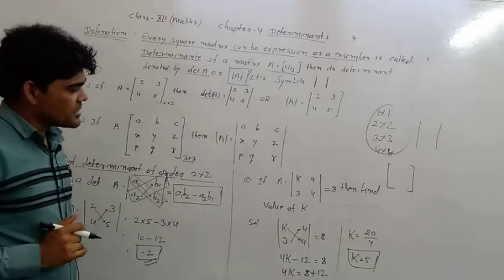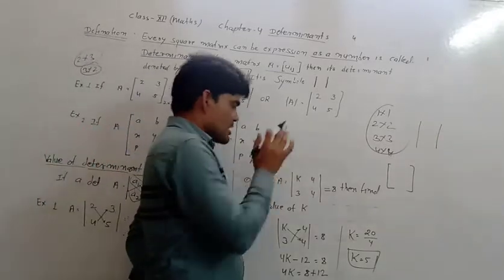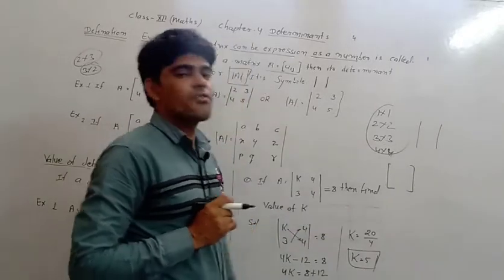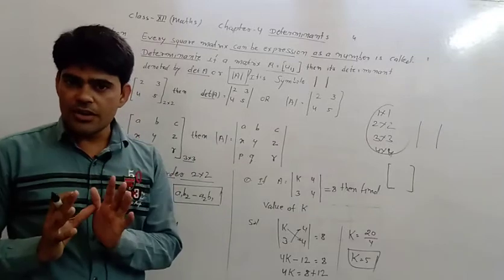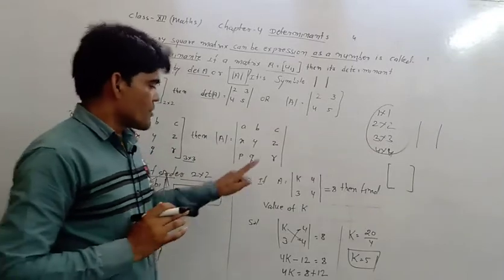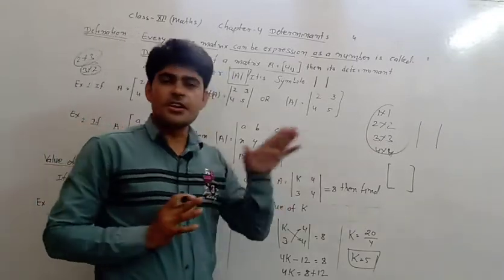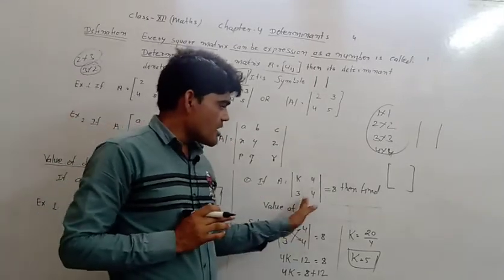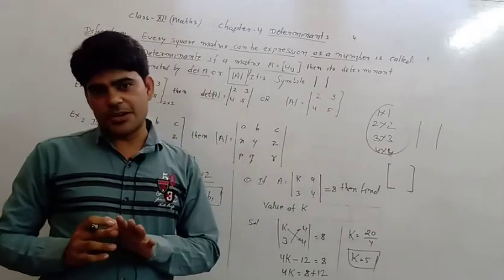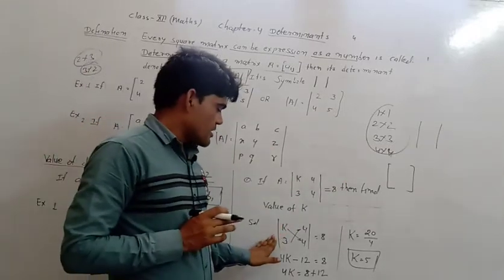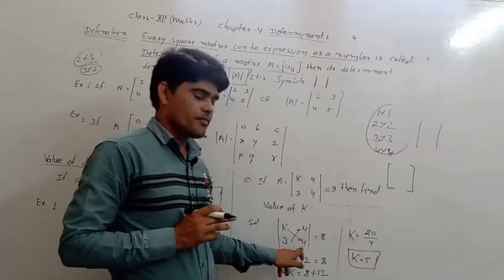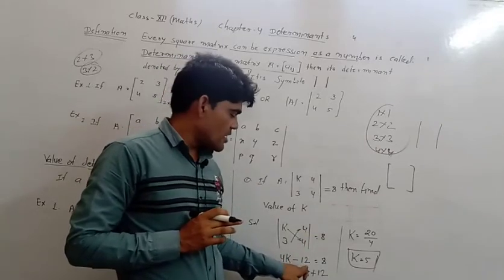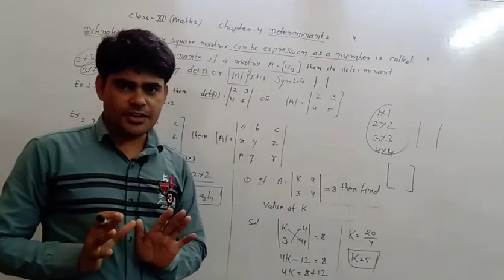Okay. Next, if we are given a determinant A, then find the value of K. It means first we expand the determinant and compare with the right hand side. First we get K into 4 minus 3 into 12 equals 8.